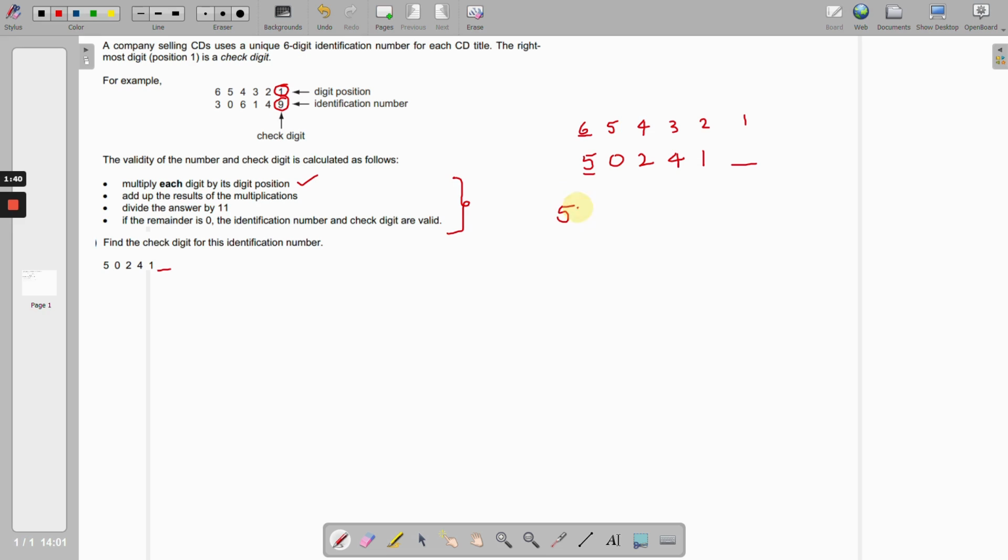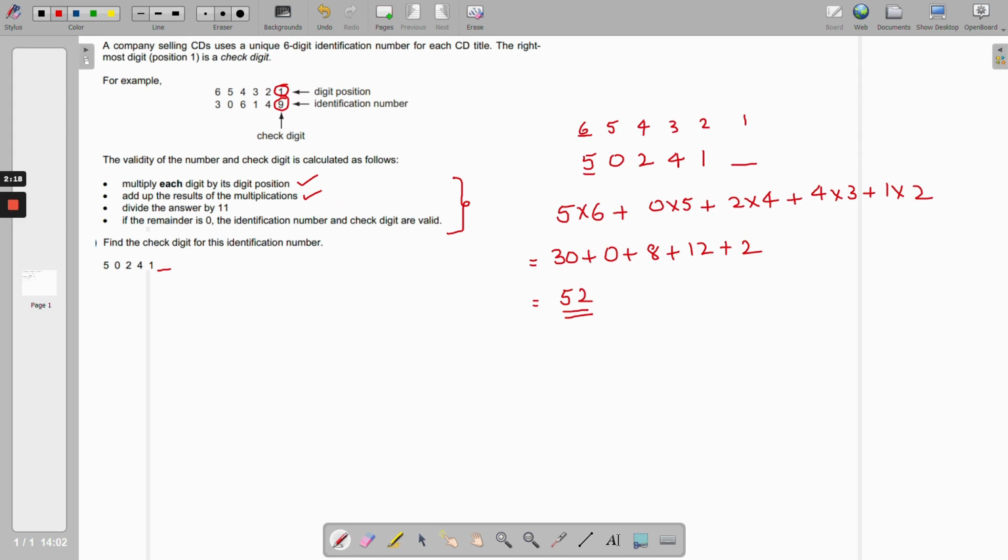So that would be 5 multiplied by 6 plus 0 multiplied by 5 plus 2 multiplied by 4 plus 4 multiplied by 3 plus 1 multiplied by 2, and this would become 30 plus 0 plus 8 plus 12 plus 2, which gives you 38, 40, 52. Now this is the sum that you find. So that will be the result of this.